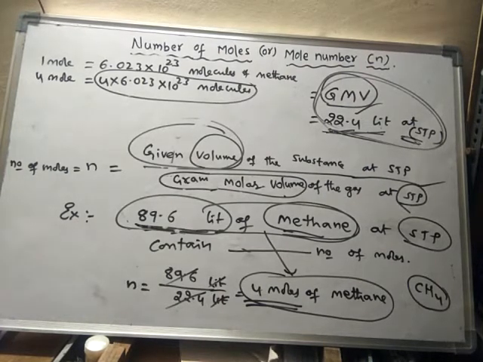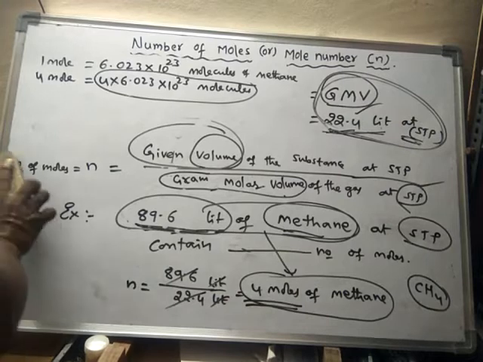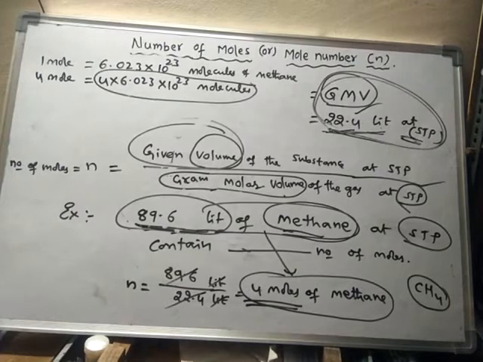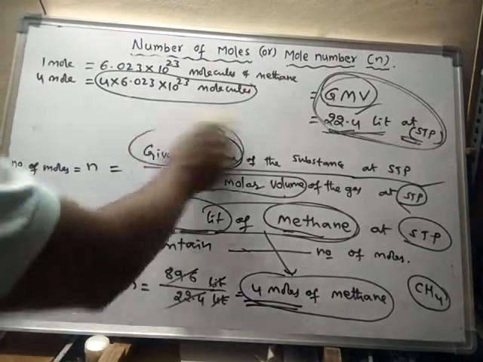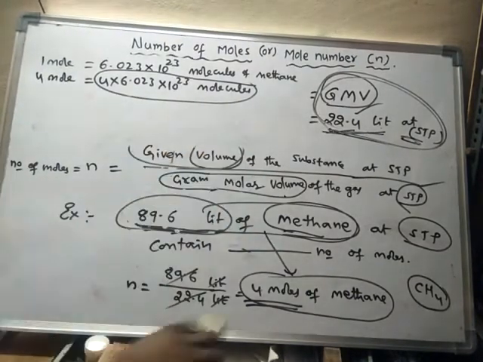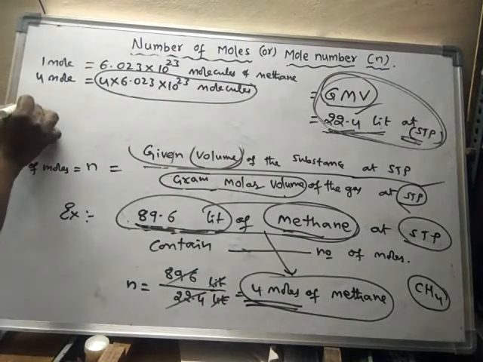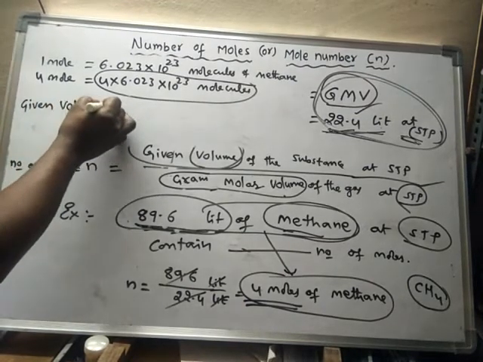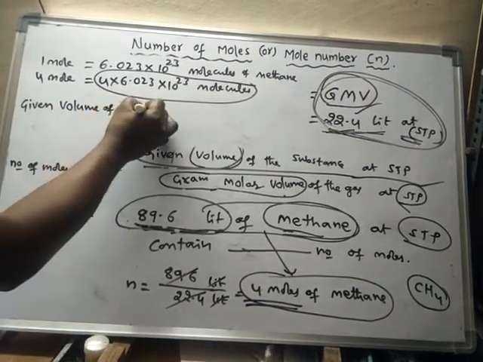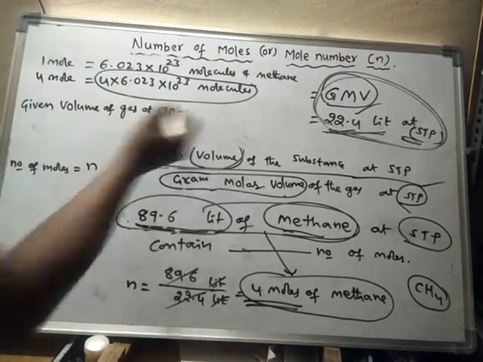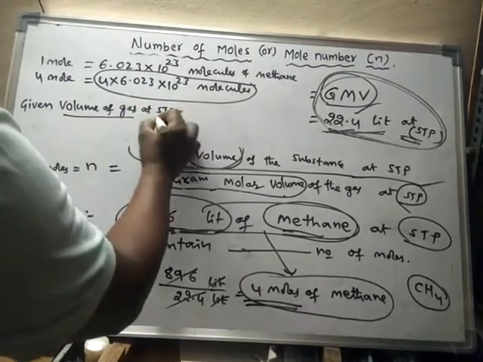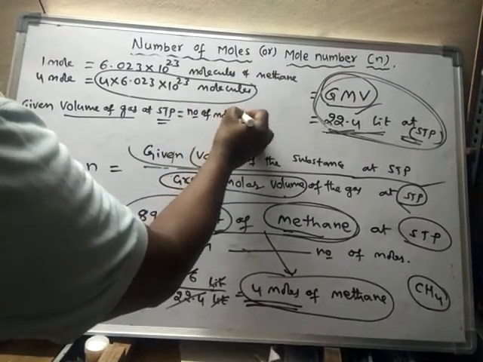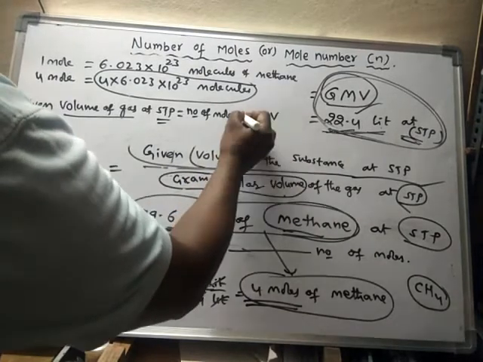So the given volume of gas at STP, if you know the number of moles, we can write it as number of moles into gram molar volume.